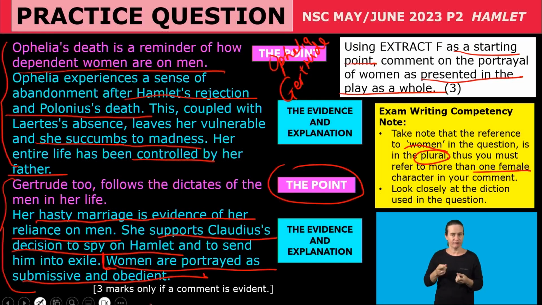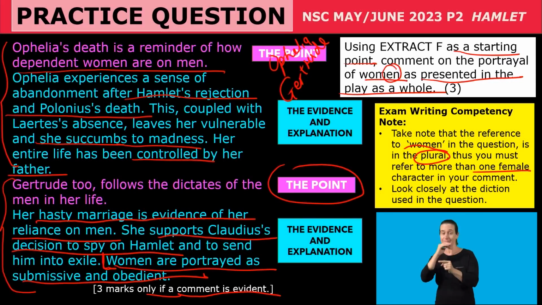So 3 marks only if a comment is evident. So once again, let's quickly look. We've looked at the character of Ophelia first, and then we've looked at Gertrude, because women indicates to us that it is plural.